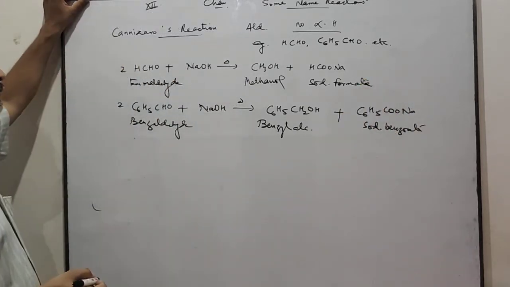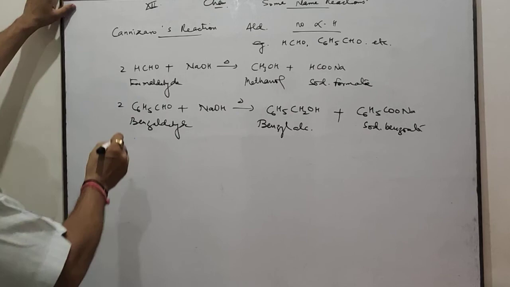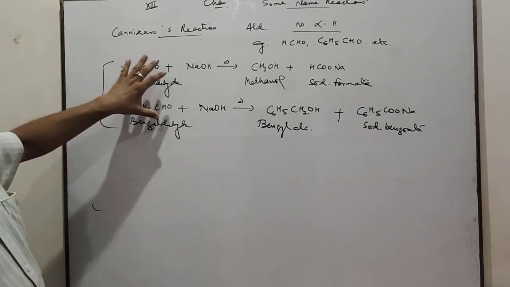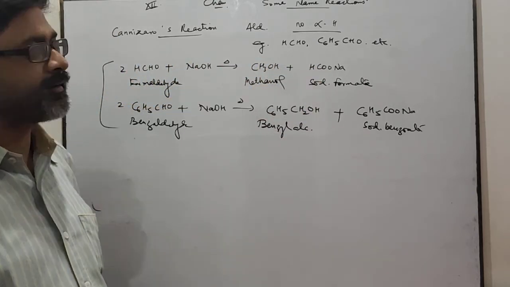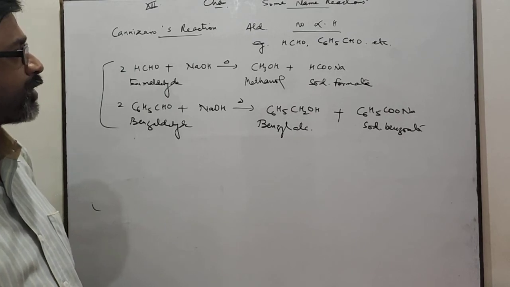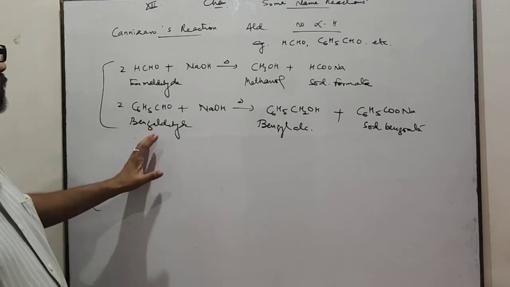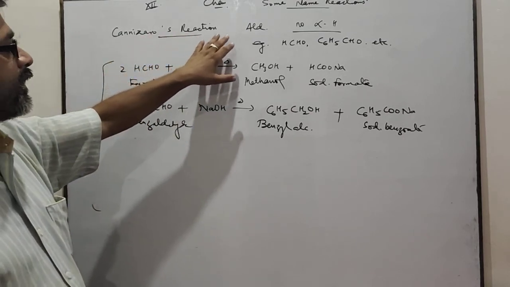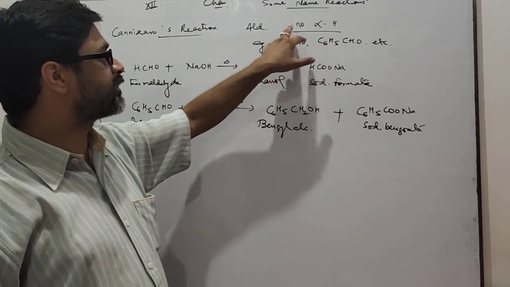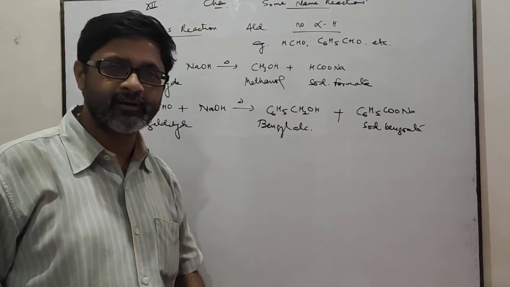In this way, we get the corresponding alcohol as well as the sodium salt of that compound. This reaction is called the Cannizzaro reaction, and it is shown only by those aldehydes which have no alpha hydrogen.